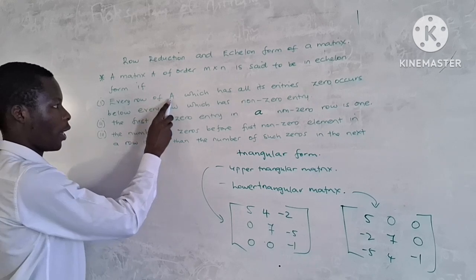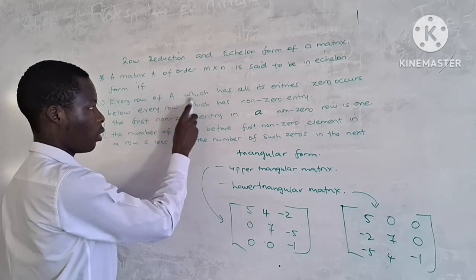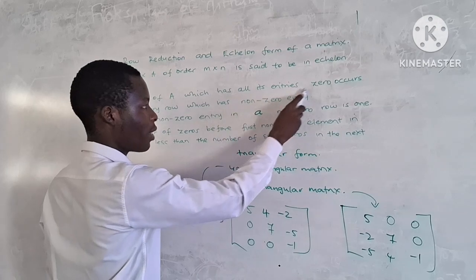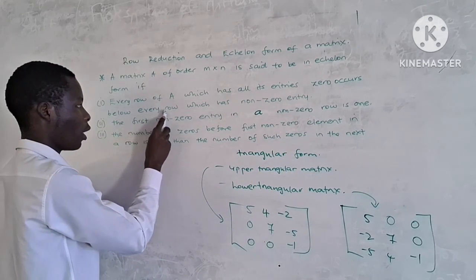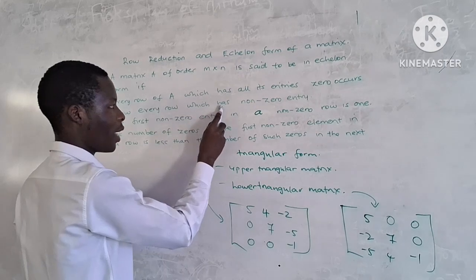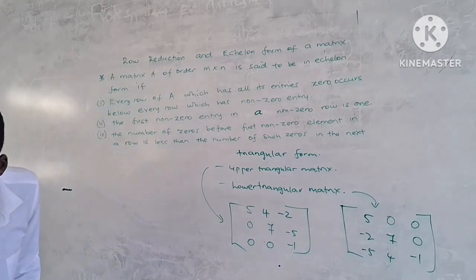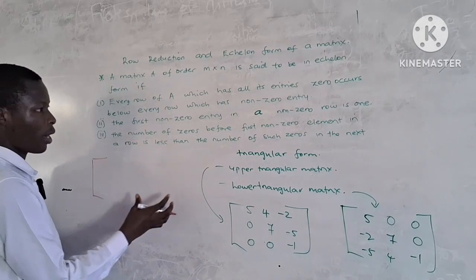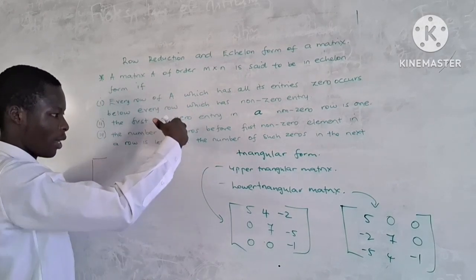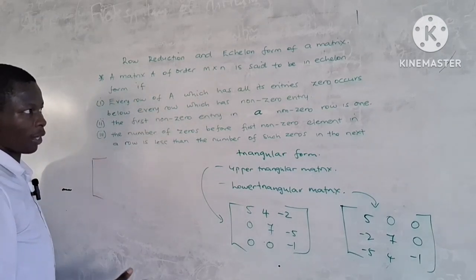Every row of matrix A which has all its entries 0 occurs below every row which has a non-zero entry. What is the meaning of this? Let's say you have reduced matrix A into a triangular matrix.